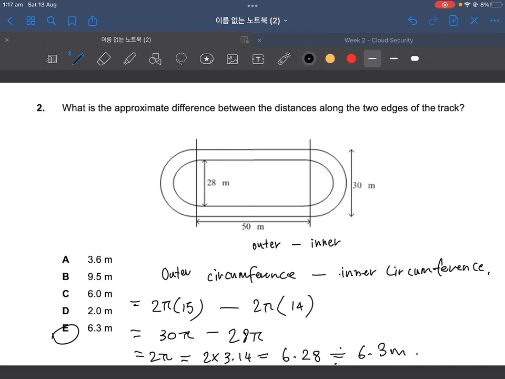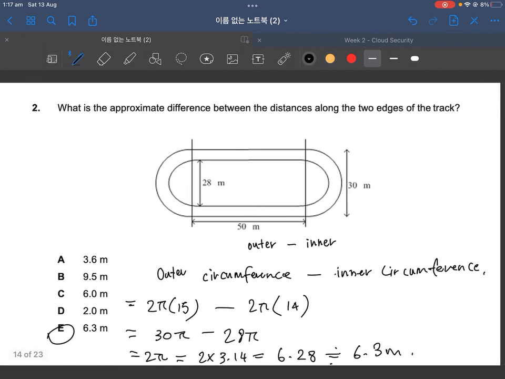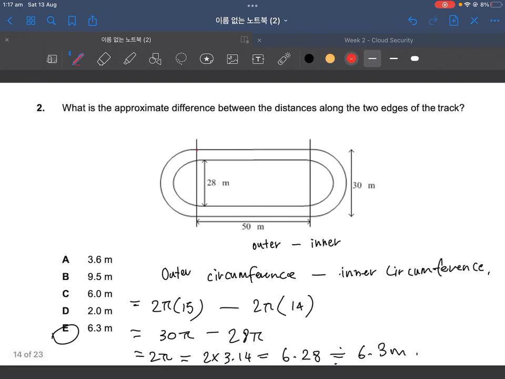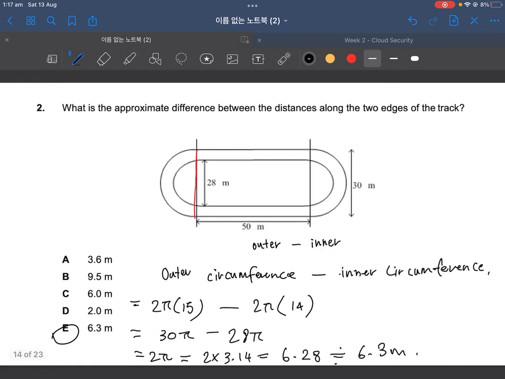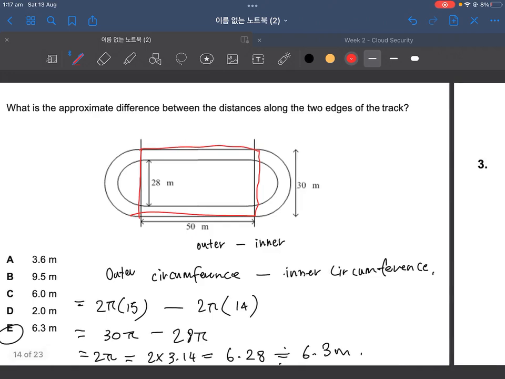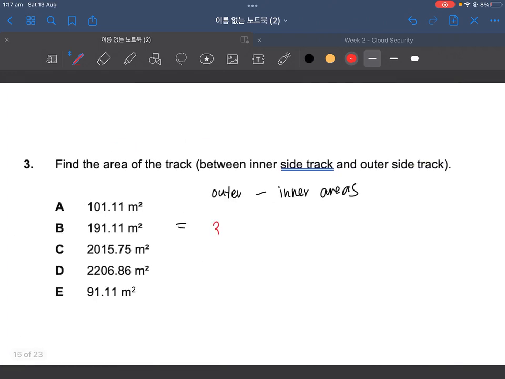Well, let's have a look. Let's first deal with the area of the rectangles. The area of the rectangles, what do we have? It's outer minus inner still areas. So what's the outer area of this rectangle? It's 30 by 50.